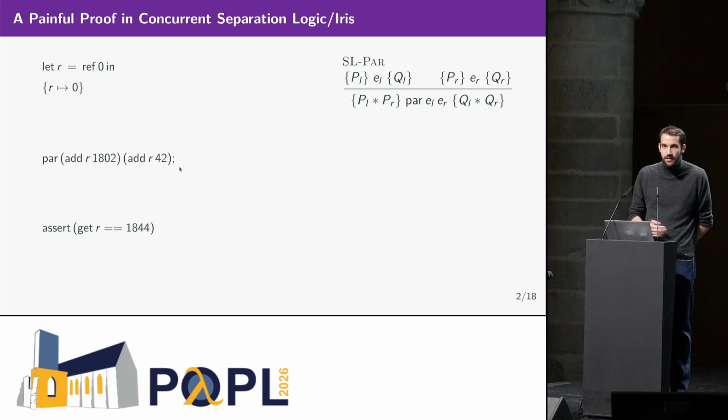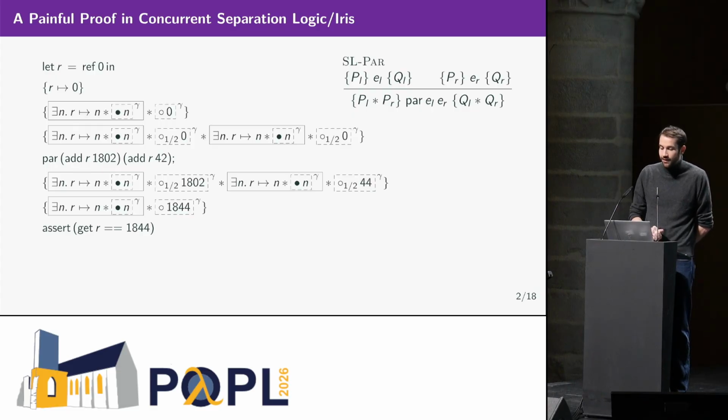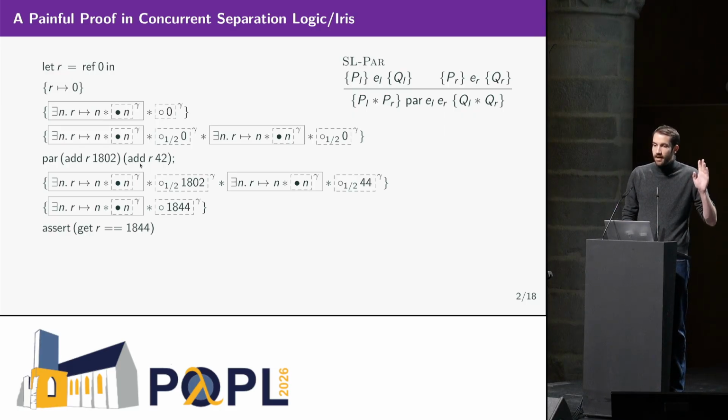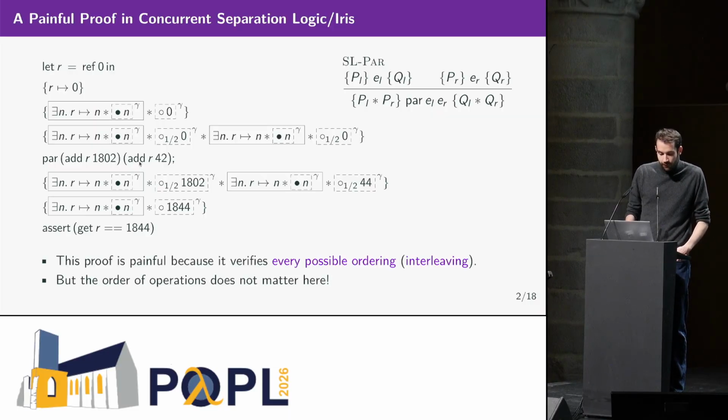We cannot split it. Of course, concurrent separation logic is powerful enough to verify this example, but in this case, you need heavy machinery, you need invariants, you need ghost state. There is no need to understand anything here. I just want to display that this proof is difficult. And it's difficult for a good reason. It's painful because this proof verifies that every possible interleaving or ordering is correct.